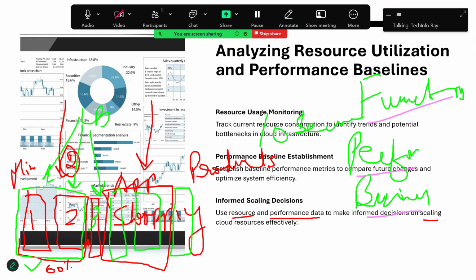I hope all these things are really helpful when you are assessing the current application from the hardware perspective, the network perspective, the performance perspective, and the functionality of the application. All these things are very, very important and will really help you in deciding the target reference architecture.